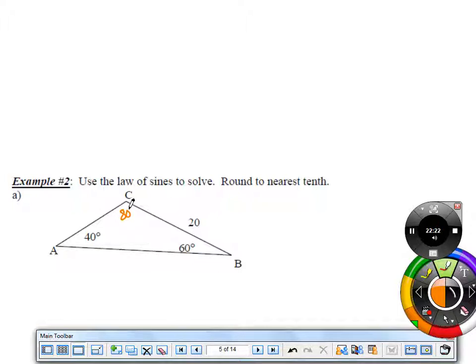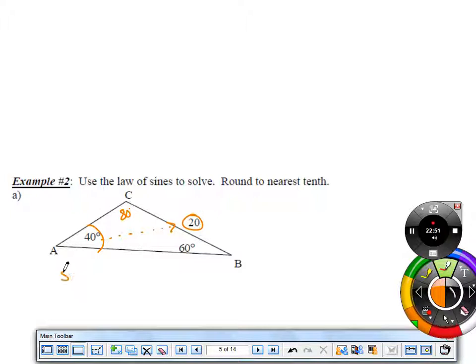But now, through this special version of the area formula, we have figured out that even in triangles that aren't right triangles, they have this special relationship where the sine of any angle in the triangle divided by the side across from it is equal to the same relationship of any angle-side pair. Okay? So because we have this angle and the side across from it, we have one of those complete ratios.